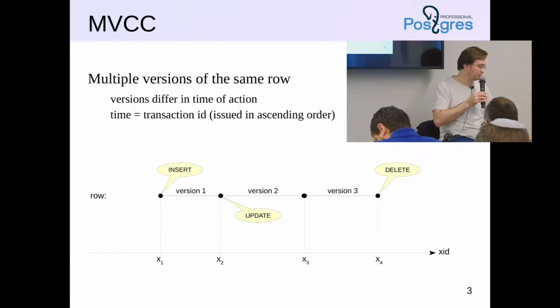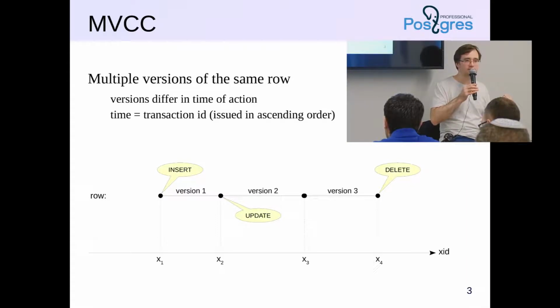So with each row version, we store two numbers: the transaction ID which creates this version and the transaction ID which makes this version obsolete. And using these numbers we can distinguish row versions and choose the row versions we need.